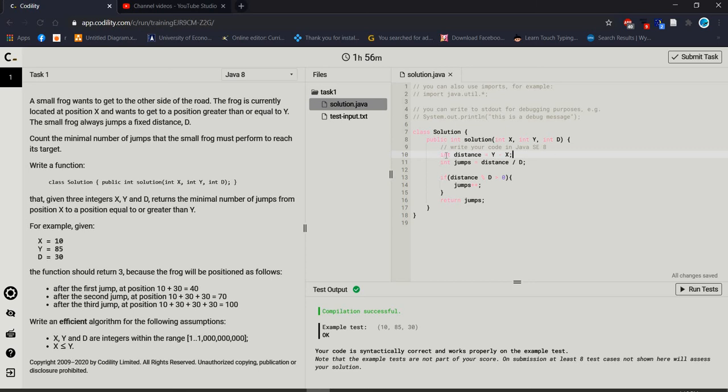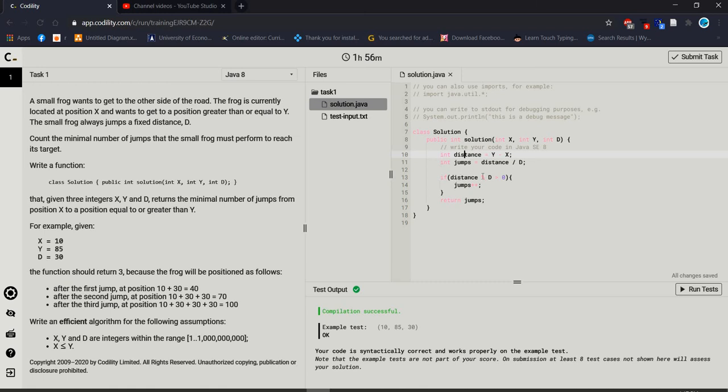At first we find the distance the frog should jump by deducting the present value from the total value. Then we get how many kilometers the frog should jump. After that we find the jumps: since D is fixed and the frog can always jump this distance, we divide the distance by D and get the jumps.